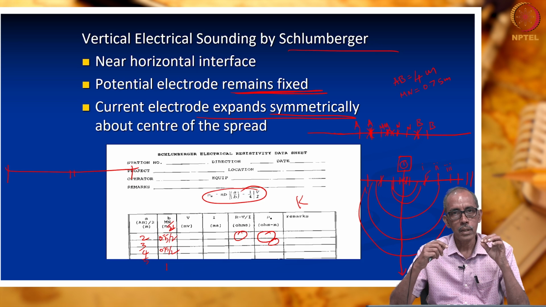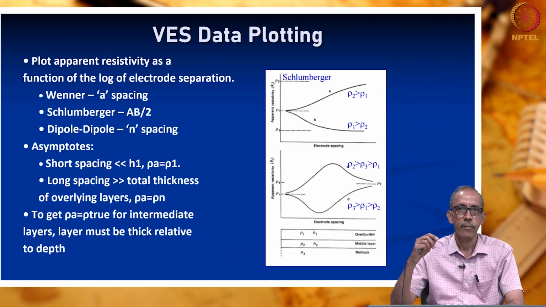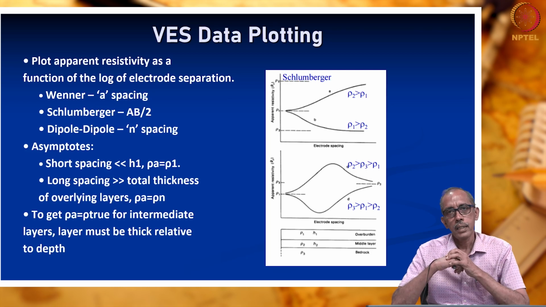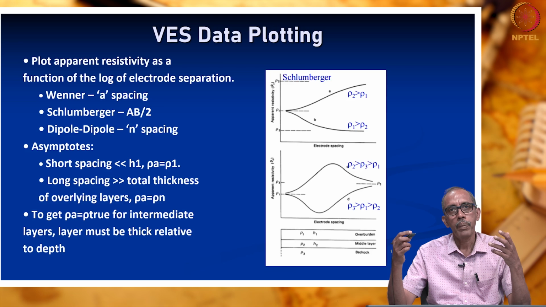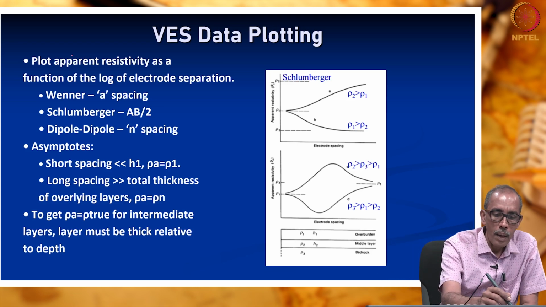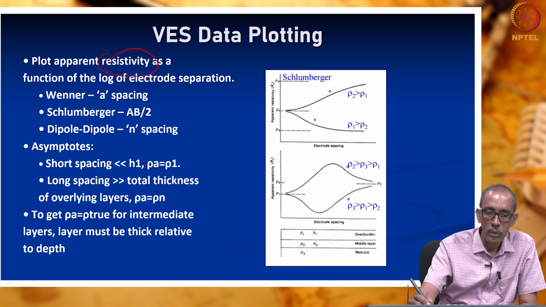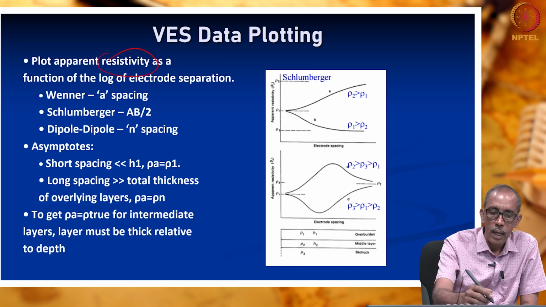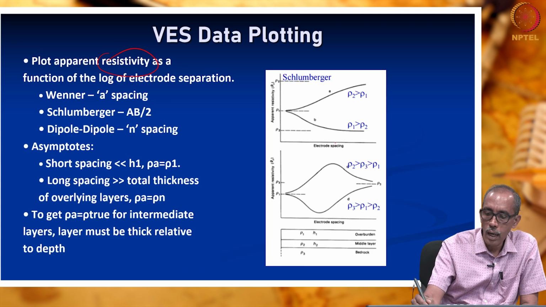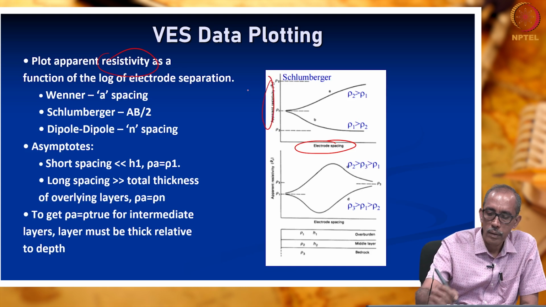Whatever method you use, the center point remains the same, right? Now, what is the purpose of doing the sounding? So, we can prepare a plot of what is known as the apparent resistivity curve. The resistivity curve is prepared as a function of the log of electrode spacing versus apparent resistivity.